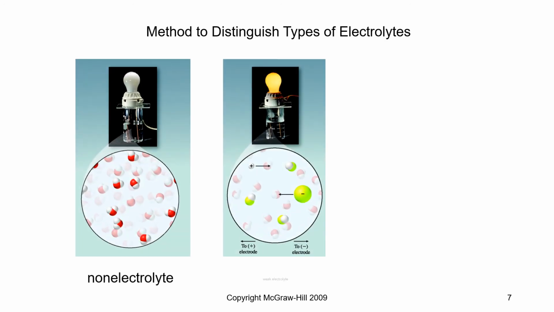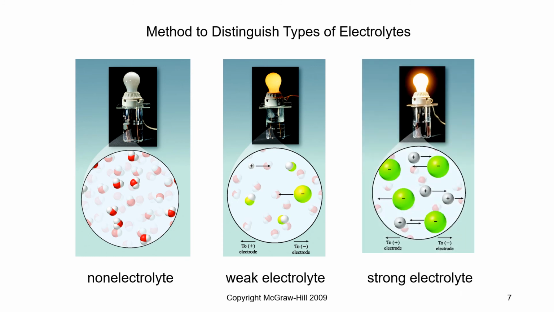So what you'll be doing is testing conductivity of two strong electrolytes and a non-electrolyte in your conductivity lab. So using your conductivity probe, you will make solutions and you will test the conductivity. You'll get a numerical value for that.